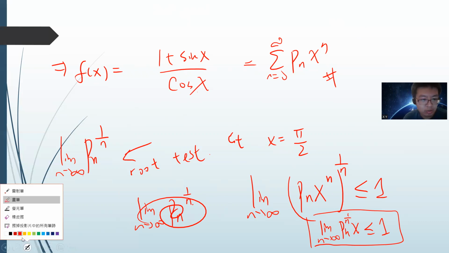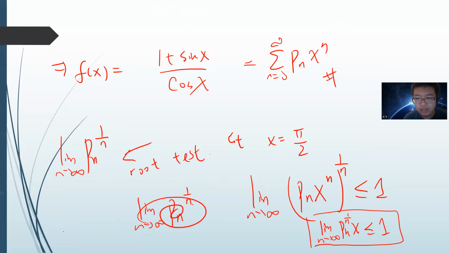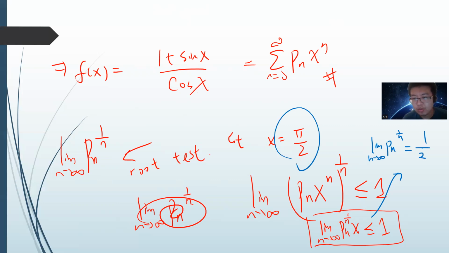So amazingly, the limit as n goes to infinity of p_n to the 1 over n will be 1 divided by the largest convergence, right? So it's pi over 2. So the answer is 2 divided by pi.